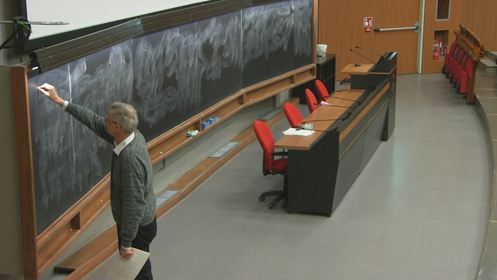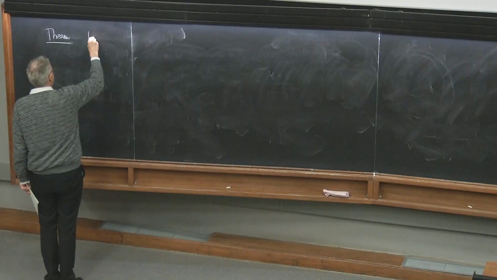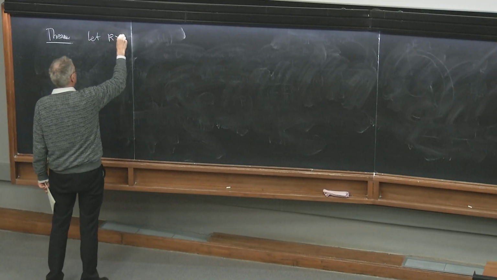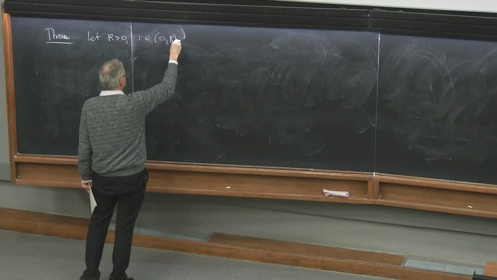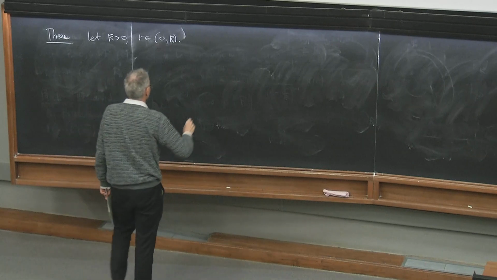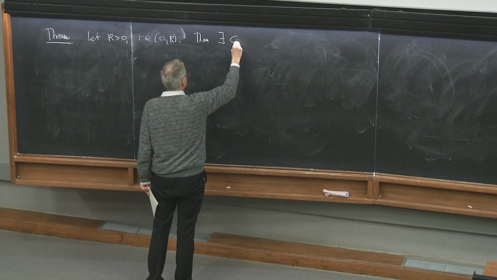Okay, so theorem, it's another way. So let R be positive as before and r in 0R. Then there exists a constant.